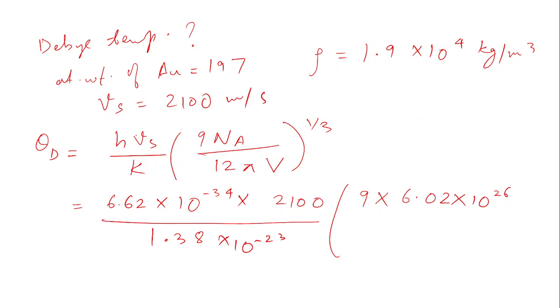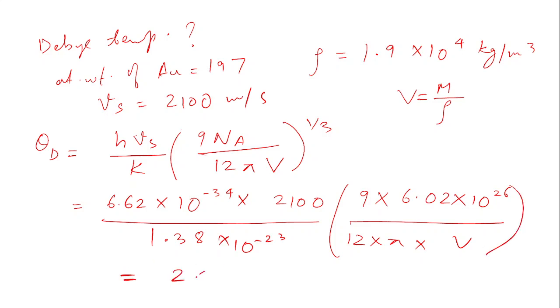Otherwise, 1 gram has 6.023 into 10 to the power 23. Here we convert it into kg, then it will be 10 to the power 26. We have done this several times earlier, so I hope this is clear. In the denominator we have 12 times pi times volume. For volume, when we divide mass by density, we get volume. When you substitute that expression, the answer will be 240 to the power 1 by 3, so the answer will be 240 Kelvin.